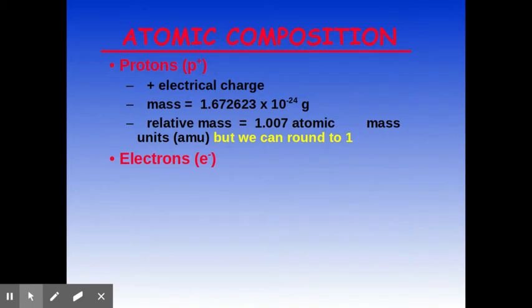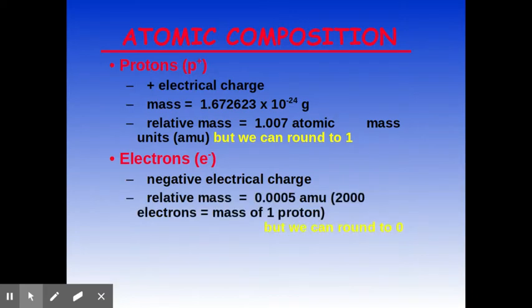Then there's electrons, which I'm going to write with a little E and a negative symbol because guess what the charge of an electron is? It's negative. They have a negative charge, so electrons are negative. They have a relative mass that is very, very, very small. In fact, it would take 2,000 electrons to equal the mass of 1 proton. Because they're so tiny, we round them down to 0.